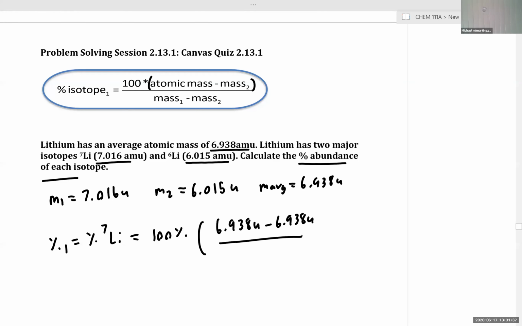Divided by the mass of isotope 1 minus the mass of isotope 2. Oops, one moment, sorry. We take the atomic mass minus the mass of isotope 2, which is 6.015 AMU. So this is the average atomic mass, this is the mass of isotope 2, this is the mass of isotope 1, this is the mass of isotope 2.